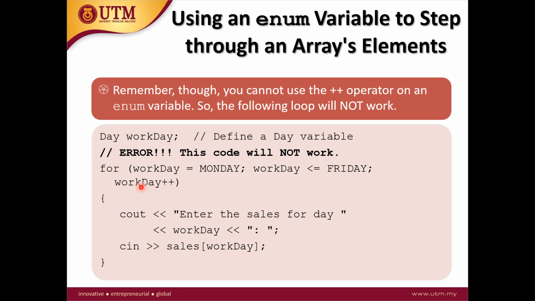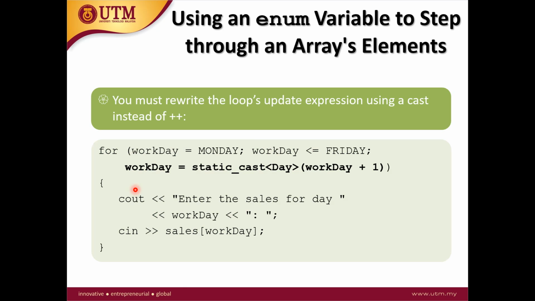We can't do that, so this is going to be an error. Again, we can solve this by using static cast of day type, workday plus 1. So the new workday will be the old one plus 1. That means we are incrementing, then static casting in order to be of that type.